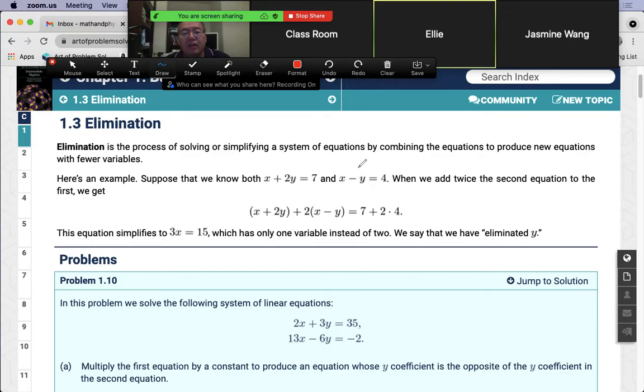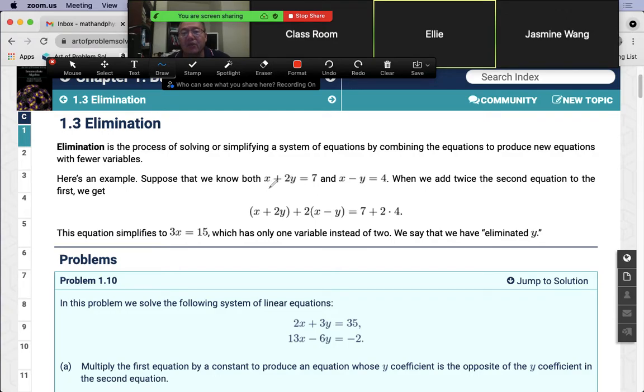We did not represent x or y from one equation and then plug into another equation; that process is called substitution. Here we combine these two equations together and get a new equation only related to one variable, x.